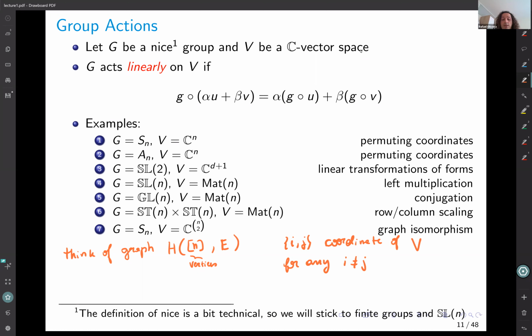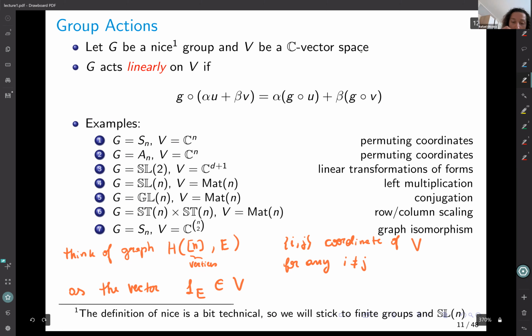How many pairs of vertices do we have? Well, we have exactly n choose 2 pairs, and each edge ij will indicate a coordinate of V. And now we can think of the graph as being the vector 1e inside of our vector space V.